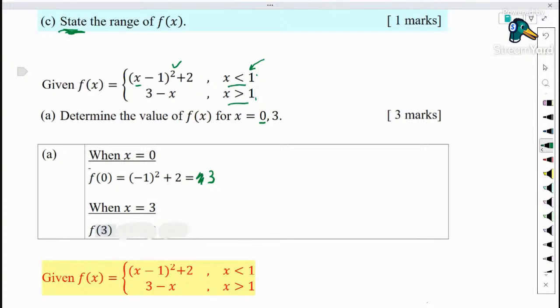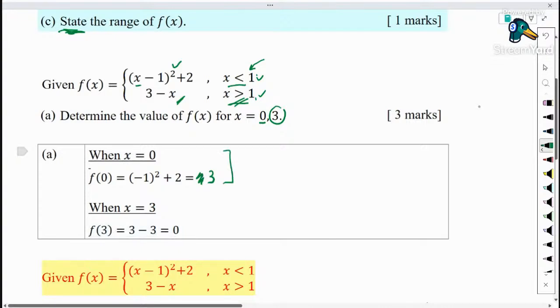Please don't do a blind guess like that, but we really think mathematically to decide the answer, where again we refer to the inequalities, the interval here. 3 belongs to the case of greater than 1, so we use the second function for the calculation in this case. So we have the answer 3 minus 3, which is 0. And if you realize, when you combine the x value and the function value, you get the point (0, 3) and you get the point (3, 0).